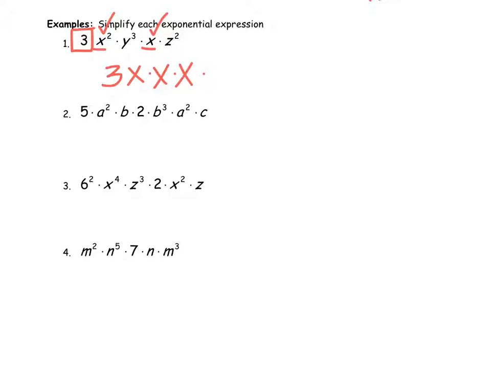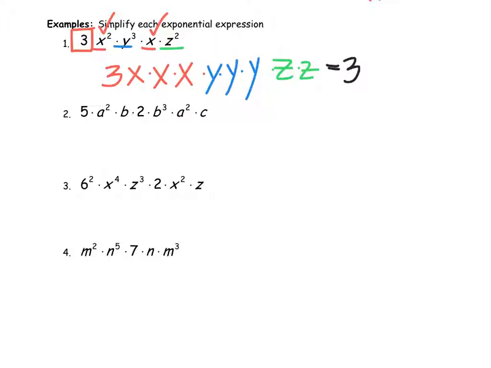Alright, then I'm going to move on to my y's, right? My y's, I have y cubed. That means y times y times y. And no more y's. Lastly, my z's. Z squared means z times z. So I rewrote all of this like this, so it's really easy to see how to simplify our expression. To simplify our expression, I'll leave the 3 alone.